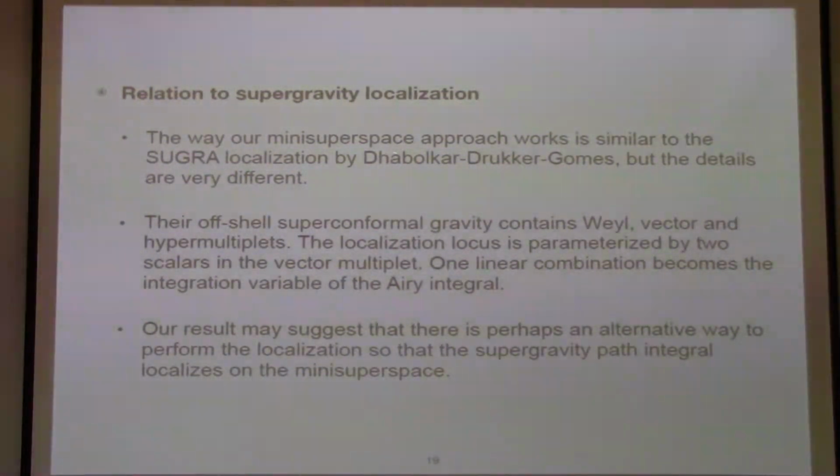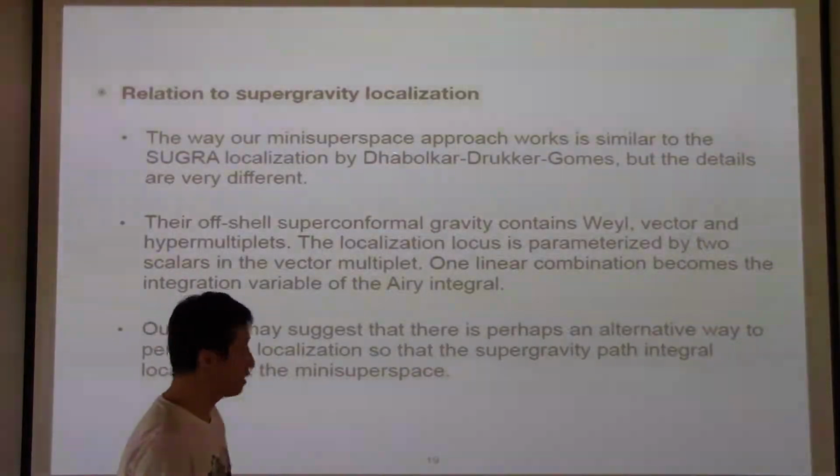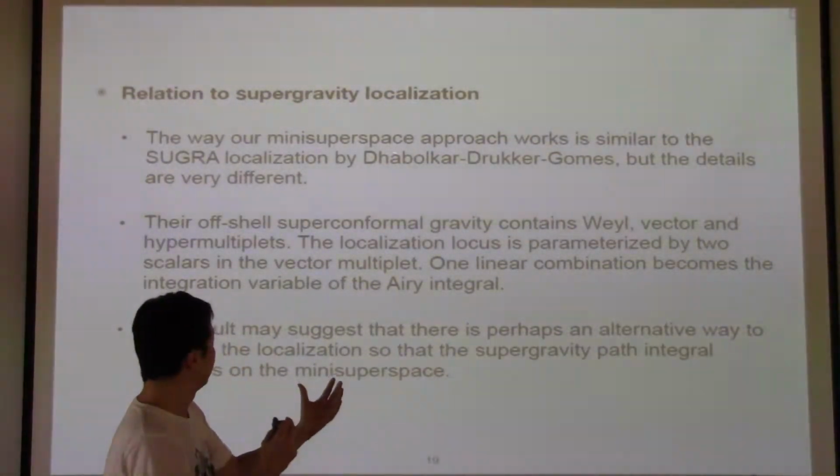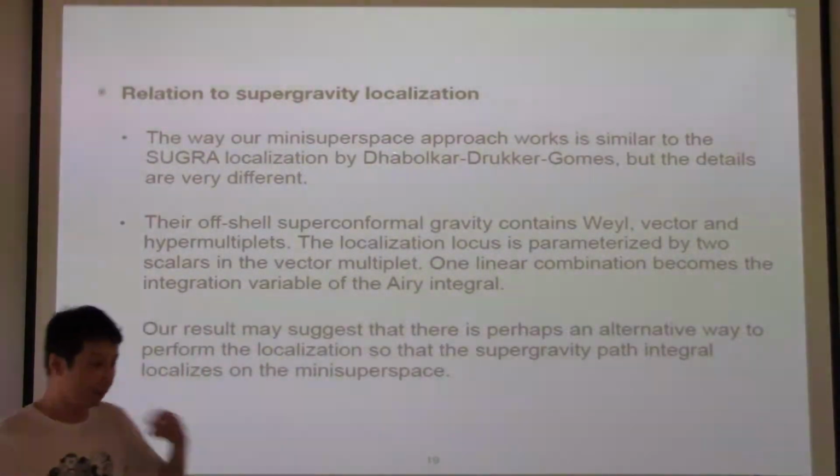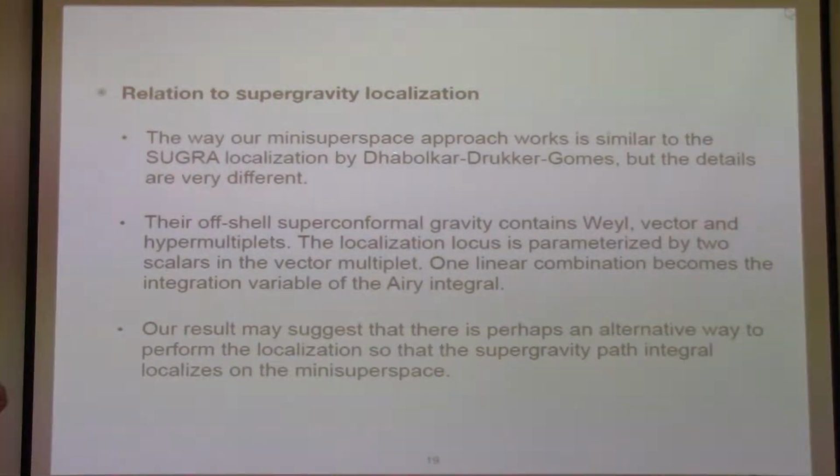So as I have already mentioned, the relation to supergravity localization is not entirely clear. As my answer to Shiraz, they are very different. In our case, it was a scale factor. But in their case, it was the scalars in the vector multiplet of supergravity, which is the parameter of the Airy integral.